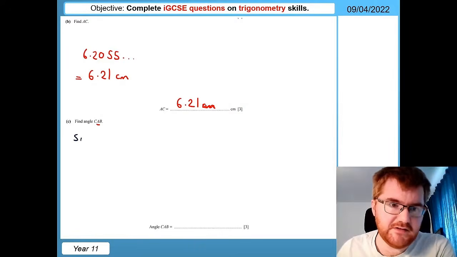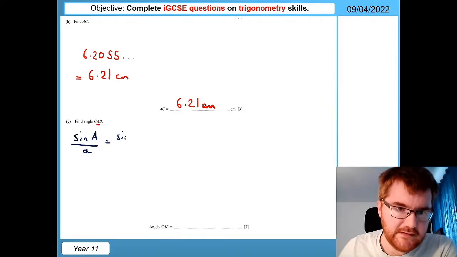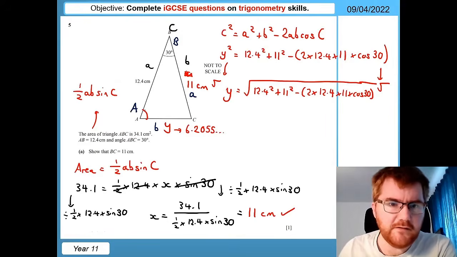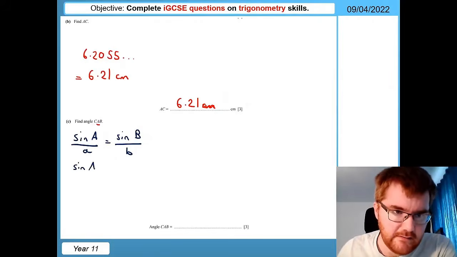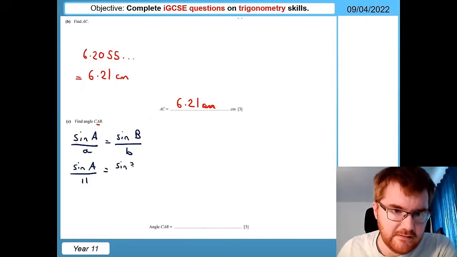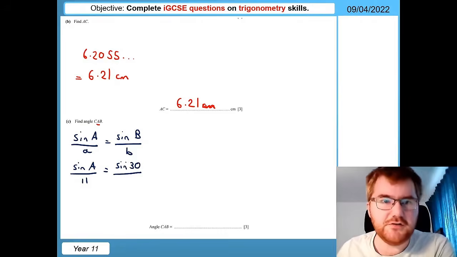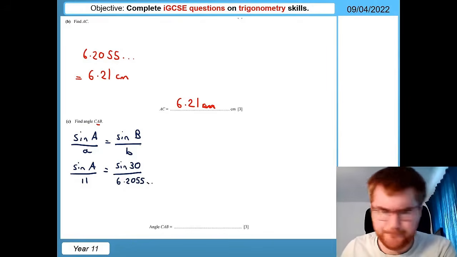So we're going to go sine A over a is equal to sine B over b. So A we don't know, the side opposite is 11, so we get sine A over 11 is equal to sine of B, which is 30, divided by that side we literally just worked out, so that's 6.2055 dot dot dot.